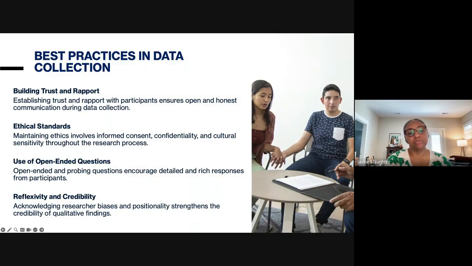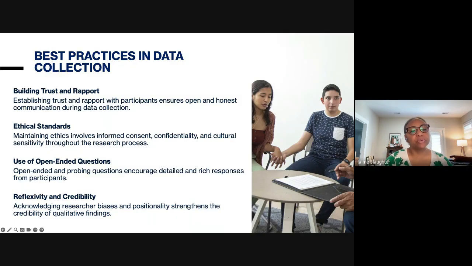It's really important to build trust and rapport with your participants, because it ensures open and honest communication during the data collection, and you're more likely to get a greater breadth and even depth of insights if participants feel that they can be open and honest, and that what they're sharing is with somebody that they trust.